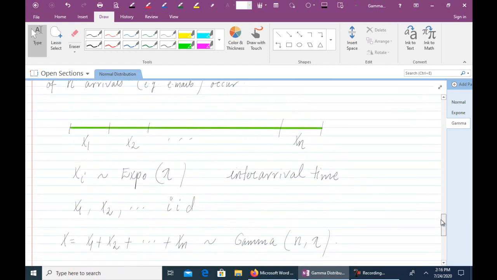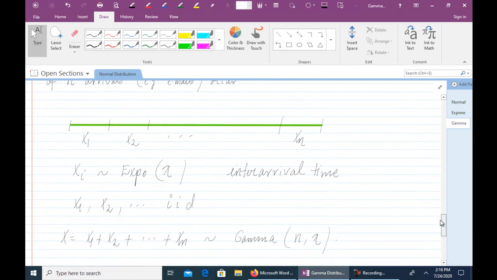Then one can show or prove easily that if I take x to be the sum of these variables, x1 plus x2 plus dot dot dot xn, then x is the amount of time until a total of n arrivals occur. So the distribution of x can be shown to be the gamma distribution with parameters n and lambda. This could be proved.